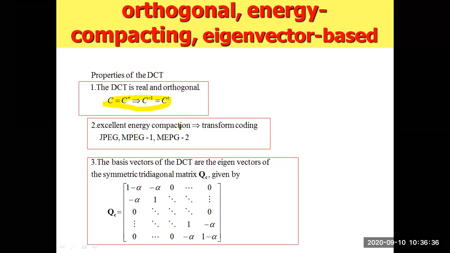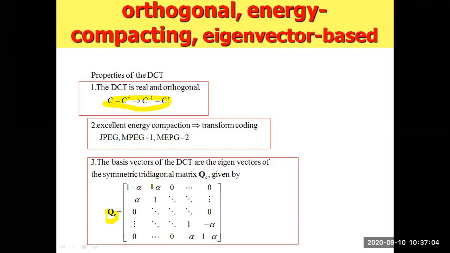The second one is energy compaction. Energy compaction means it is used in transform coding, like JPEG and MPEG, which we already use in our image systems to transfer an image from one mail to another. Next, the third one: the basis vectors of the discrete cosine transform are the eigenvectors of the symmetric tridiagonal matrix Q, which is given like this.